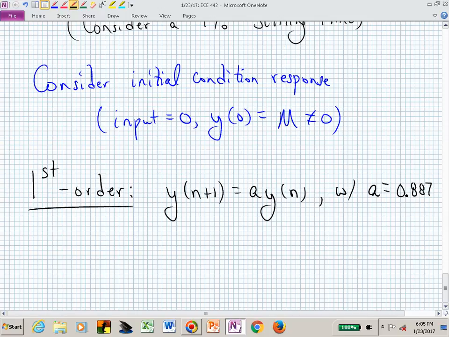And this is a very trivial system because it's first order, isn't it? Our A matrix is a 1 by 1. It's a scalar. If our A matrix was 4 by 4, you would find the eigenvalues of that 4 by 4 matrix, and you would want all 4 of those eigenvalues to have a magnitude less than 1.